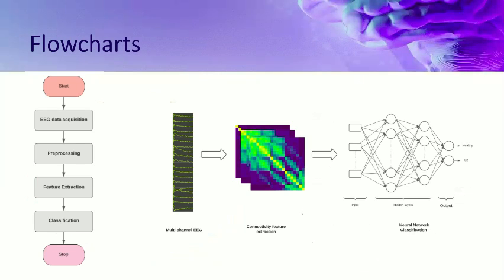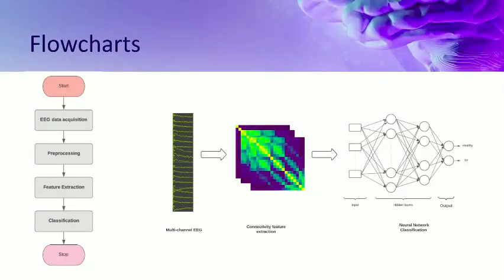So the basic flowchart of this project resembles a common machine learning pipeline. We start with the EEG data acquisition, then the pre-processing phase, then the feature extraction phase, and the last phase is classification. On the right side we have a more illustrative example of the same. After the features are extracted, they are usually in the form of matrices.